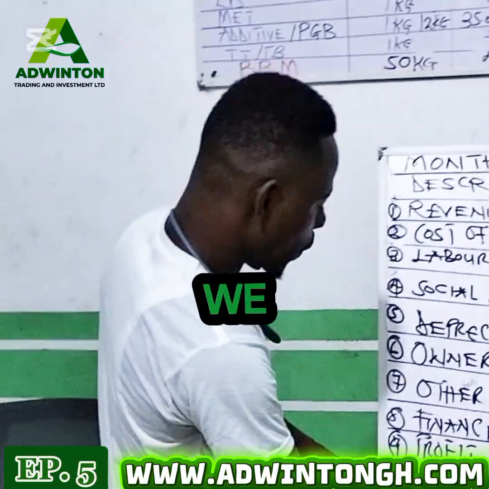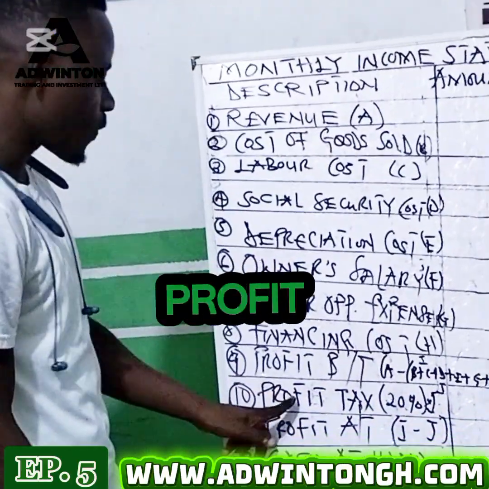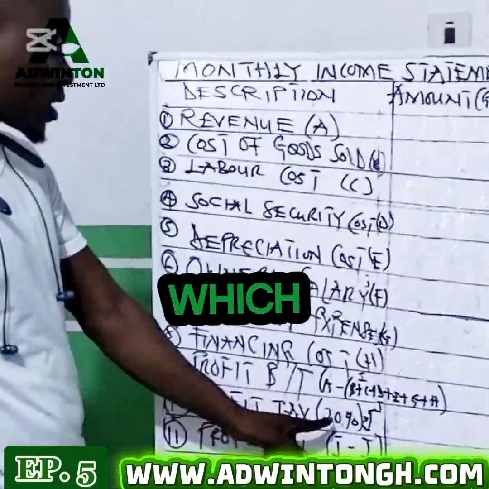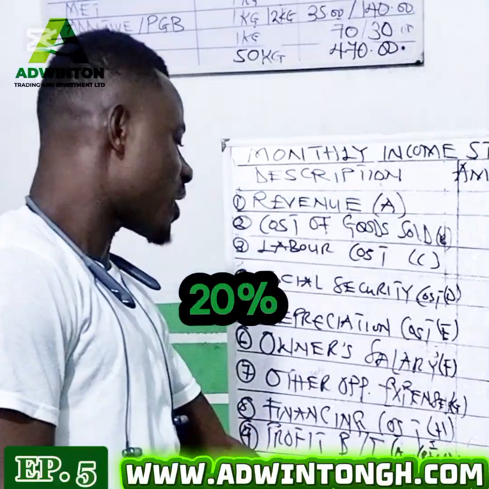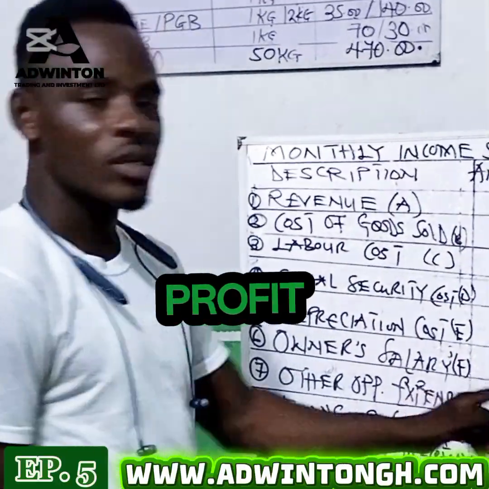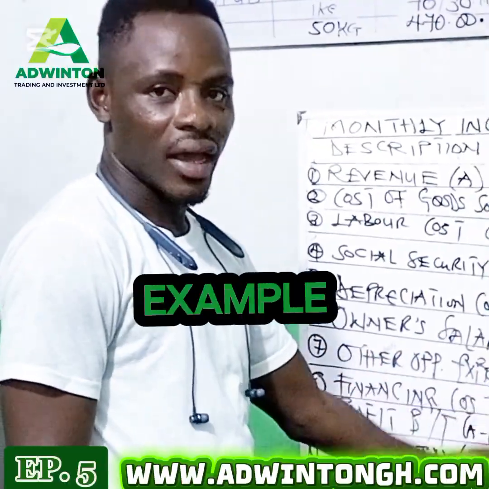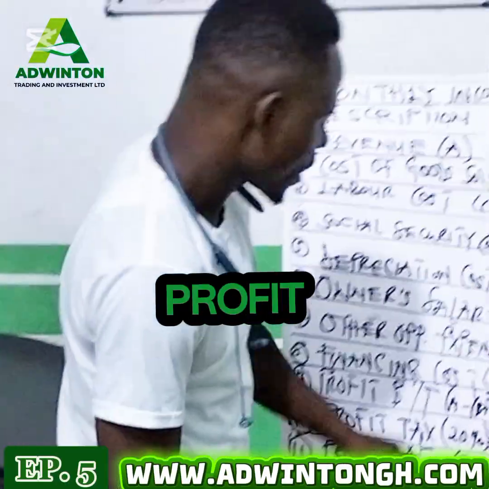As you determine your profit before tax, the value of the profit tax will come here, depending on the rate they use. Either they will take 20% off your profit before tax. We are going to do an example of it, and then we have profit after tax.